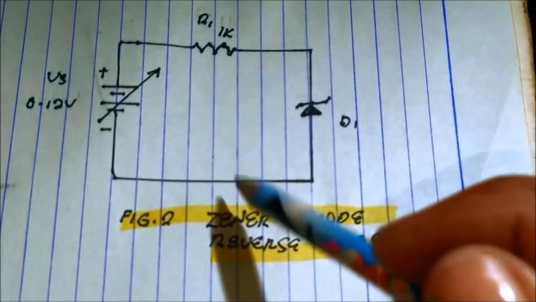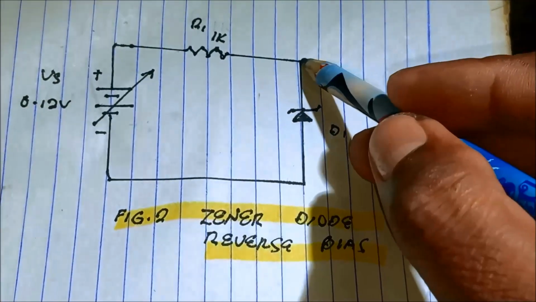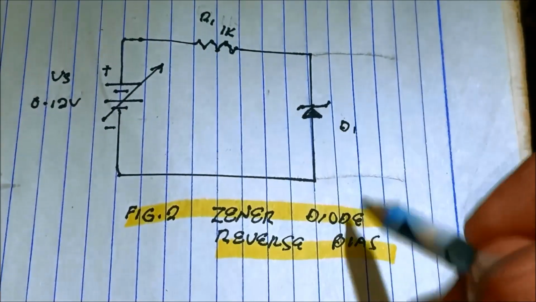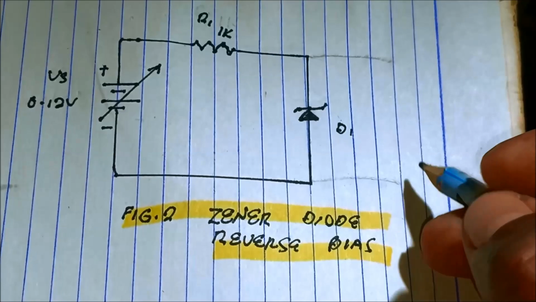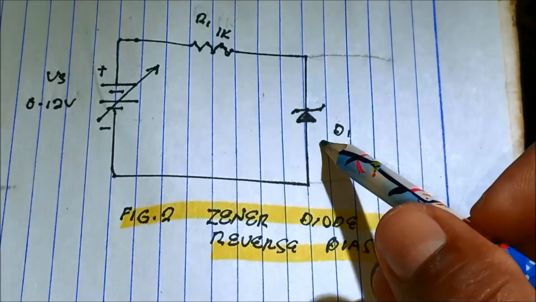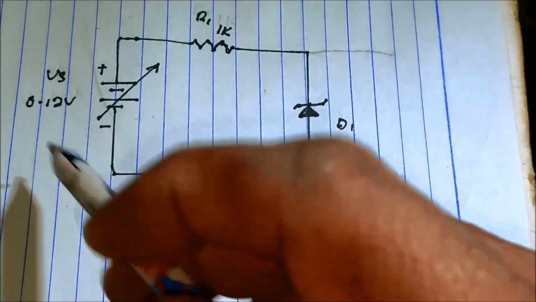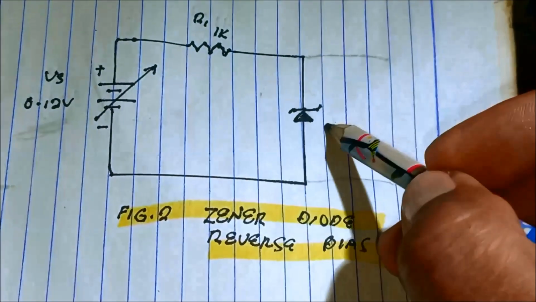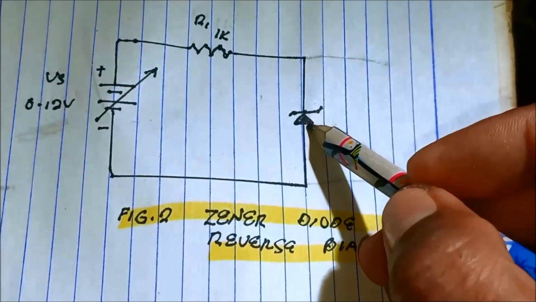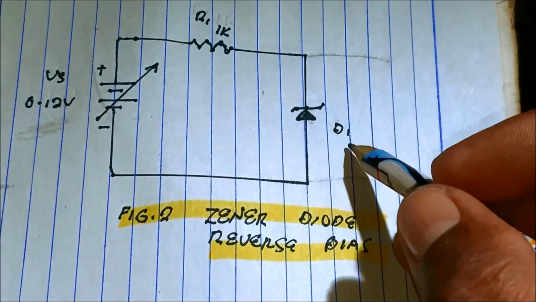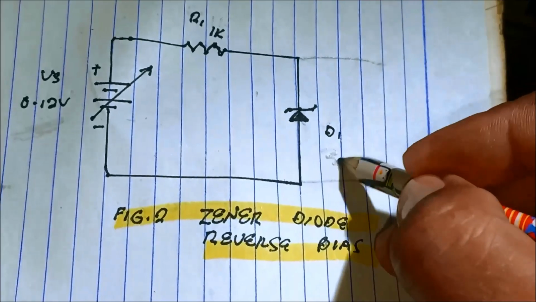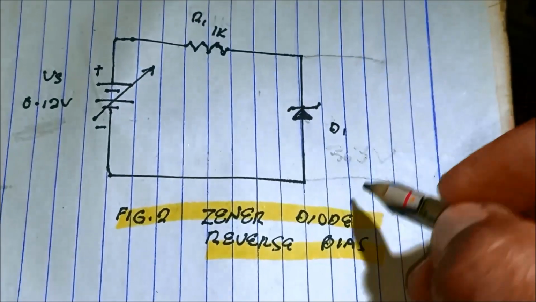While if we connect the diode in reverse bias, it will now serve as a voltage regulator. As we keep on increasing the voltage from 0 to 12, it will regulate according to its voltage rating. Our voltage rating of the diode is 3.3 volts.